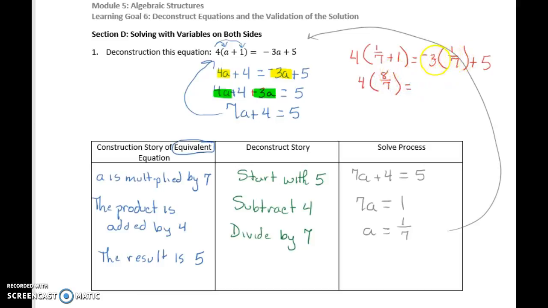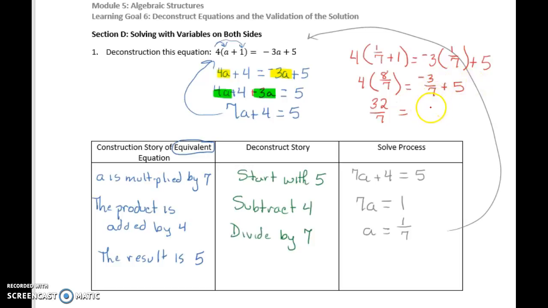Equals, and now we're going to multiply, so numerator times numerator, so -3/7 plus 5. And here again, numerator times numerator, so we have 32 over 7, and we want to know if that's equal to this.